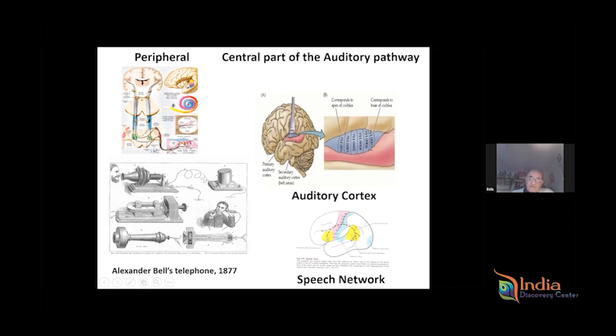Here I just brought up the telephone, which was discovered and developed step by step. Alexander Graham Bell, 1877. Here we see the three important components.